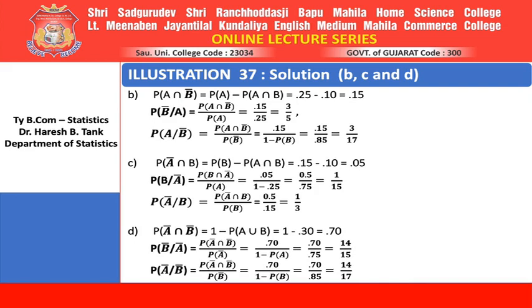Now the same logic is to be used with C and D. C, probability of A complement intersection of B, which is probability of B minus probability of A intersection of B. Both these probabilities are known to us, 0.15 and 0.10. Subtracting, what we get is 0.05. Second of C, probability of B where A complement already occurred.